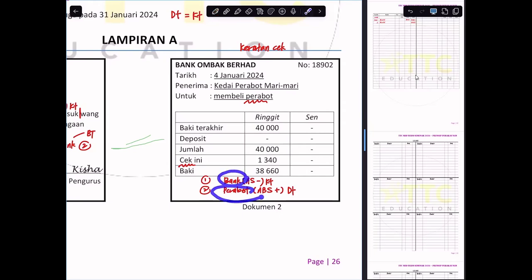Which BCP to record? Buku tunai, jurnal khas or jurnal am? Which one? Yes, because as long as you see bank and tunai, always record into buku tunai. So record the bank in buku tunai. Then testing again. If later we credit bank, can we write bank in bank?